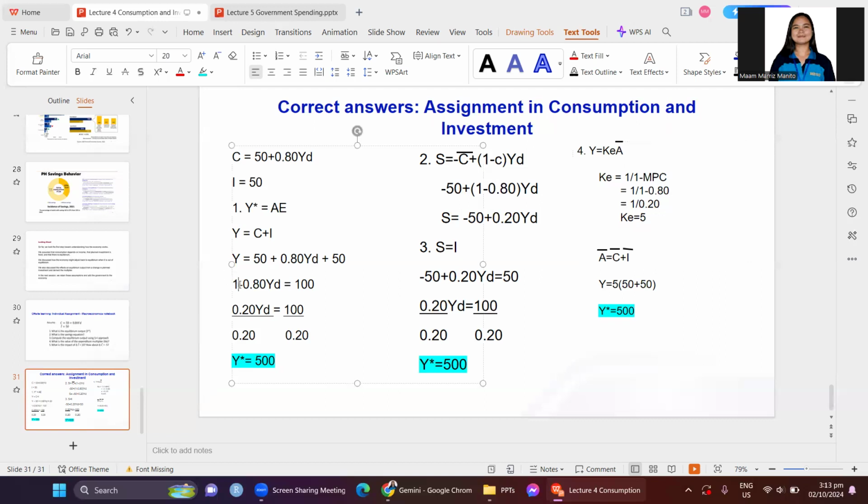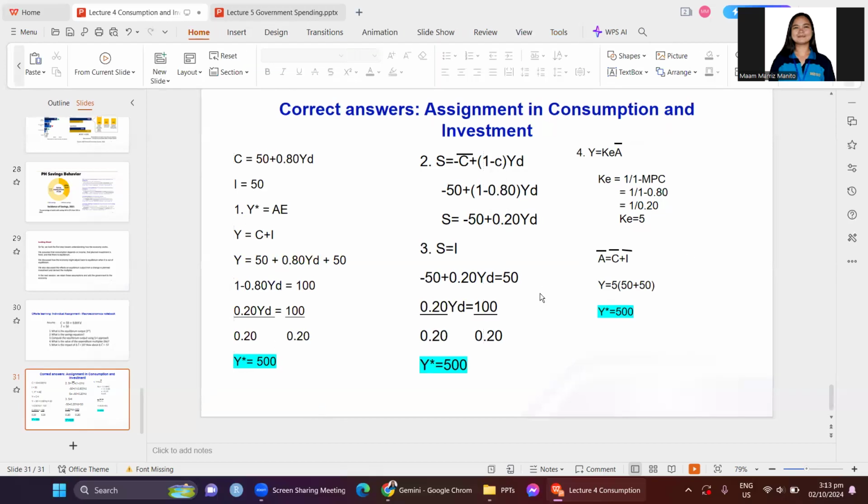This is the part that we got wrong. I think in sections A and C, we missed that Y should be equivalent to 1. So take note of this part. All equilibrium outputs are equivalent to 500 in our assignment under the lesson consumption and investment.